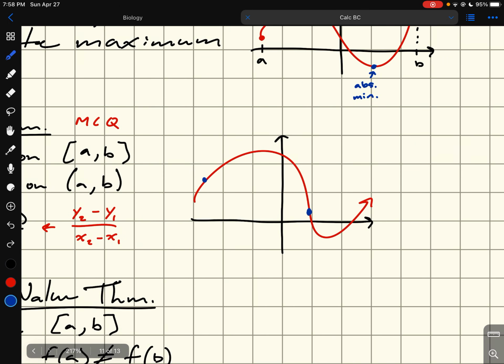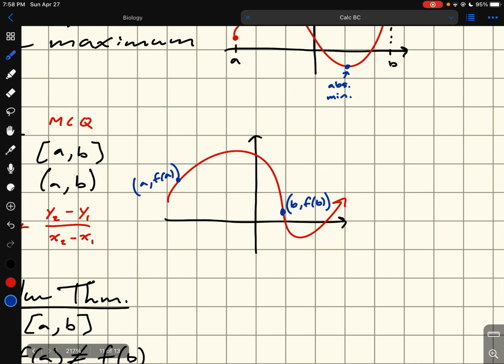So let's call this A, f of A. And then this one can be B, f of B. So this slope between these two points is the same as if you had a C somewhere. Let's say about there.